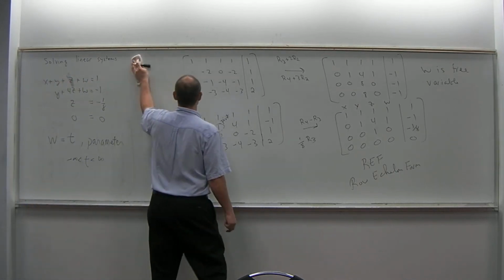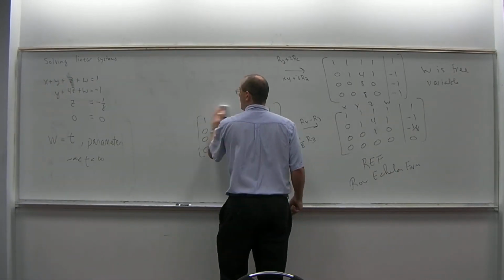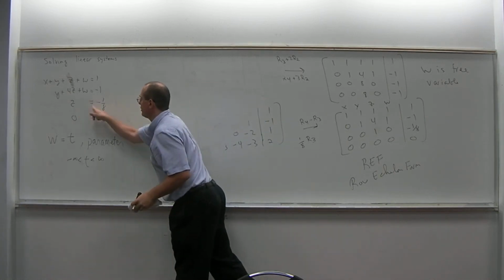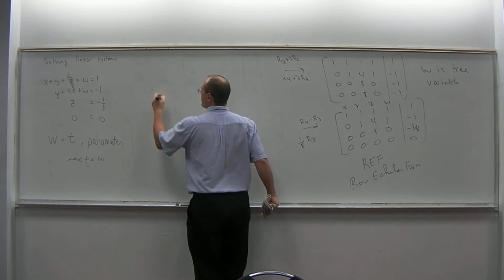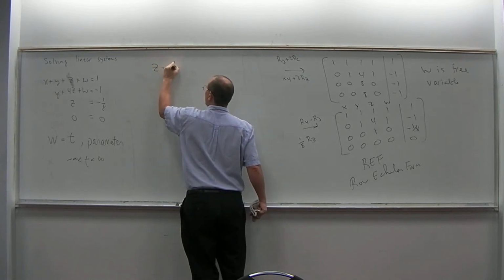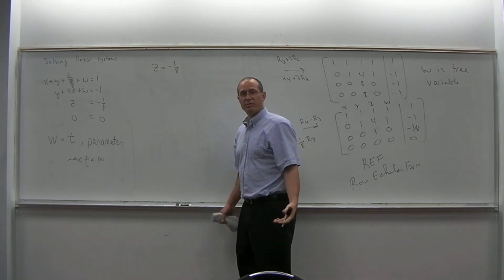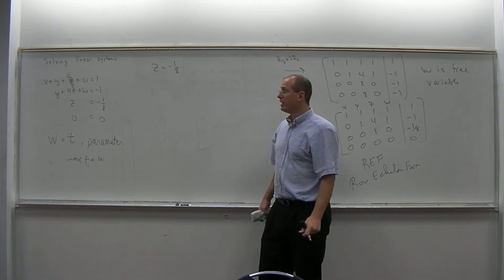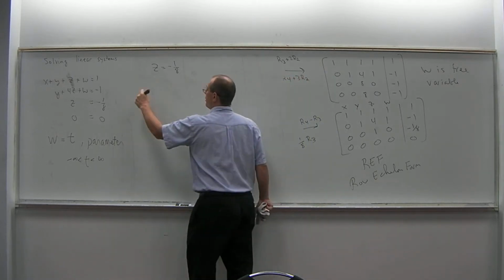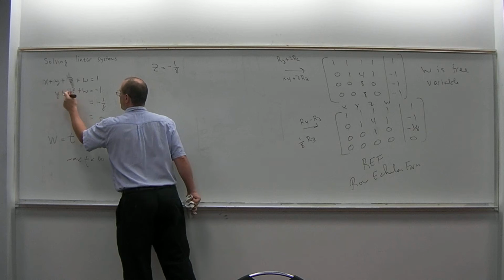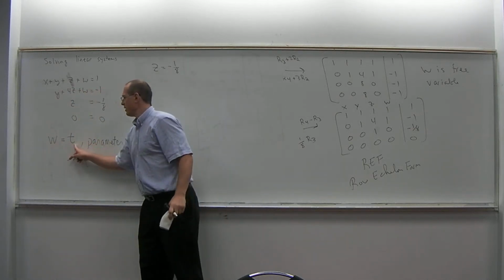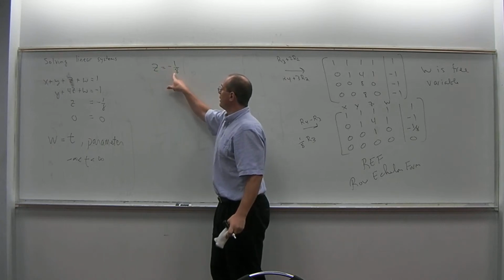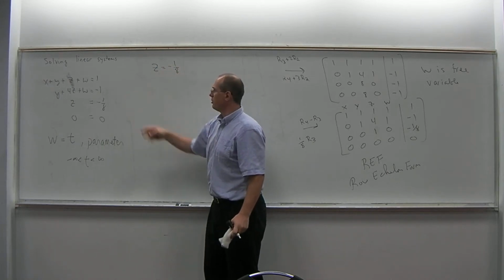What about the other variables? The third equation, z equals minus 1/8, simply tells us that z has to equal minus 1/8. No choice there. And then the previous equation, y plus 4z plus w equals negative 1. Since we already have w equals t and z equals minus 1/8, we can plug those in.